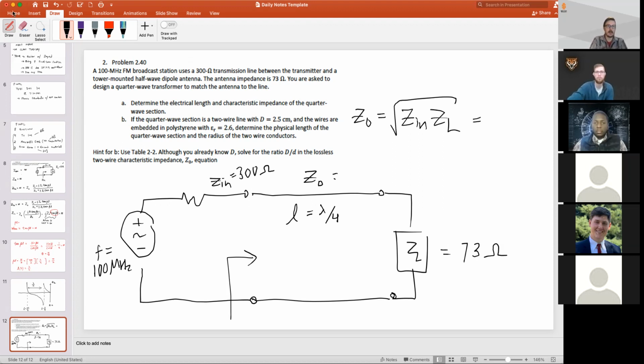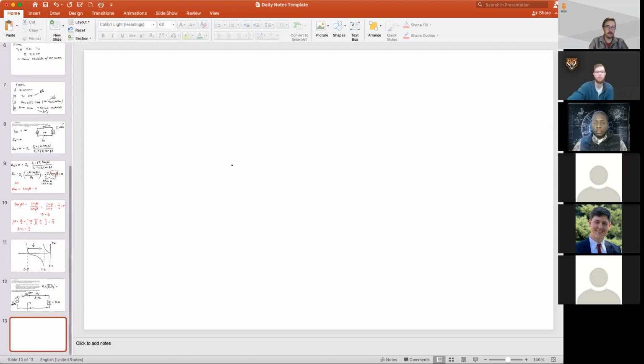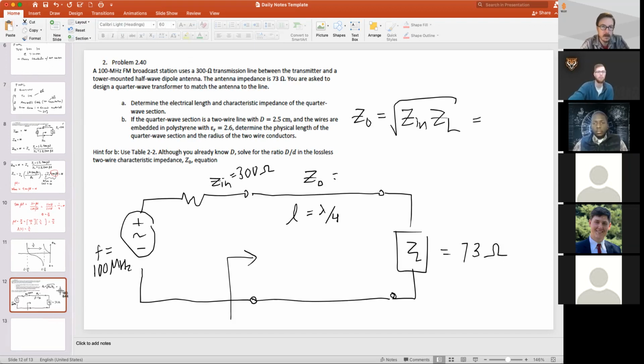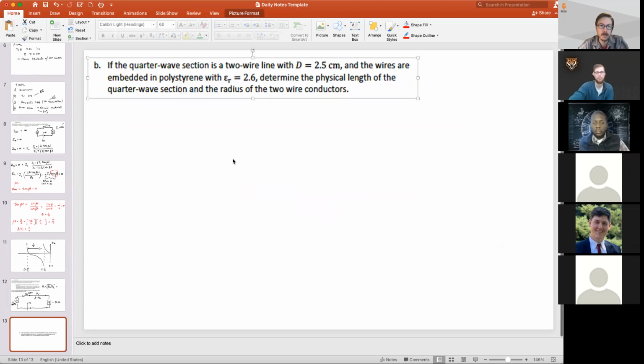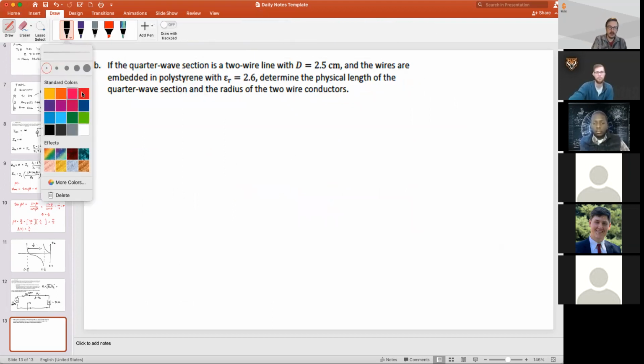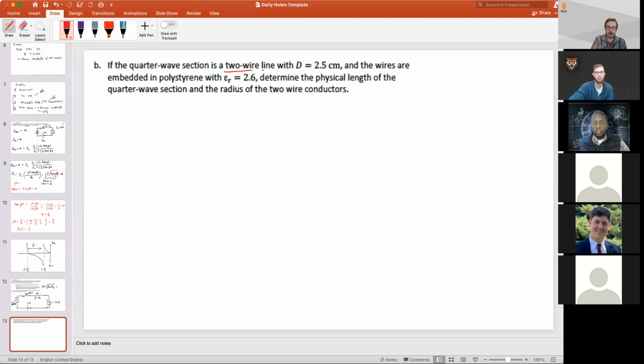And then in the second part of the problem, this is an actual design problem. We have a quarter wave section, and we're saying that this is a 2-wire transmission line.